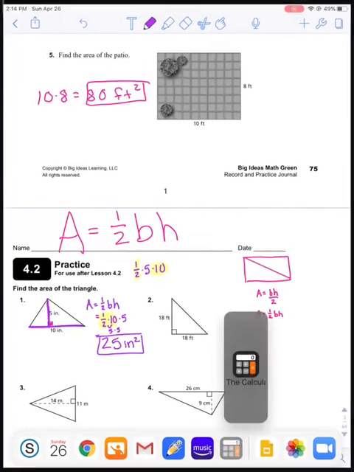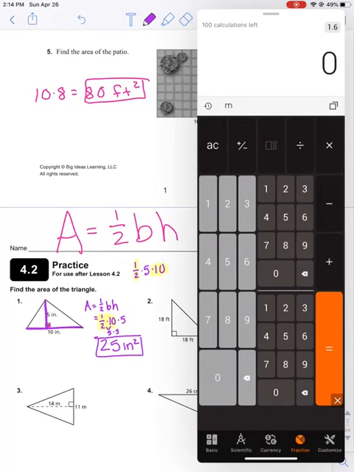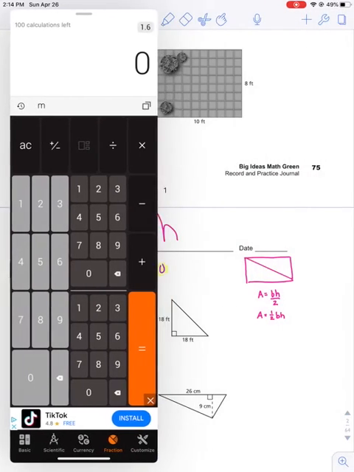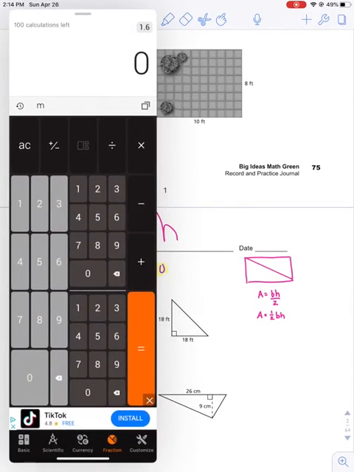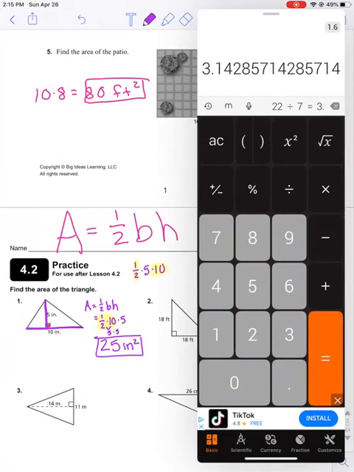If you were going to type it into your calculator, let me show you how I would type it in. Instead of doing 1/2, I would do 0.5. Looks like my calculator changed up on me. Oh, basic. That's what I want.